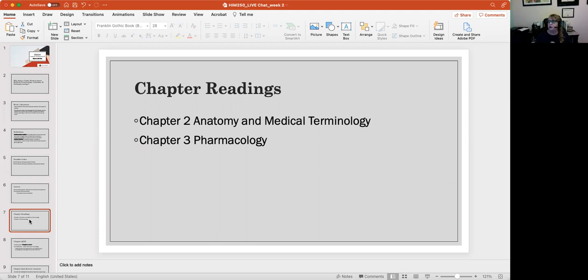Wait, those two sound the same. ILEUM, the end of the small intestine as it meets up with the large intestine. ILIUM, that's the hip bone. They're not even part of the same body systems. You've got to learn this. You've got to study it, review, because that's how it's going to stick in your head.